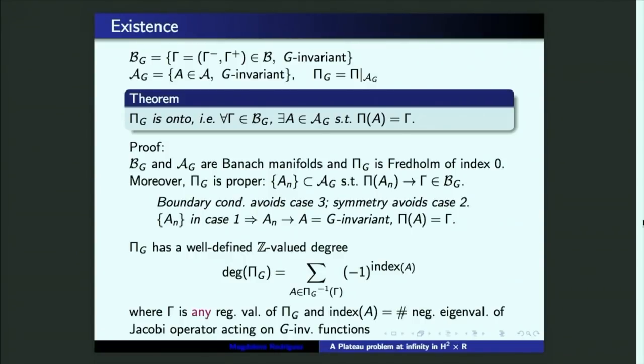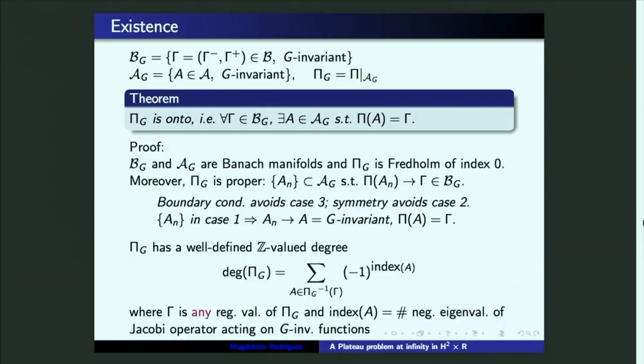So for any regular value, you are going to have something different from 0, which means that you are adding something, so you have something in the pre-image. And now, using that they are dense by the Sard theorem and the projection is proper, you can finally conclude that for any boundary curves, you have something in the pre-image. This means that it's proper, it's surjective, as we want to prove.